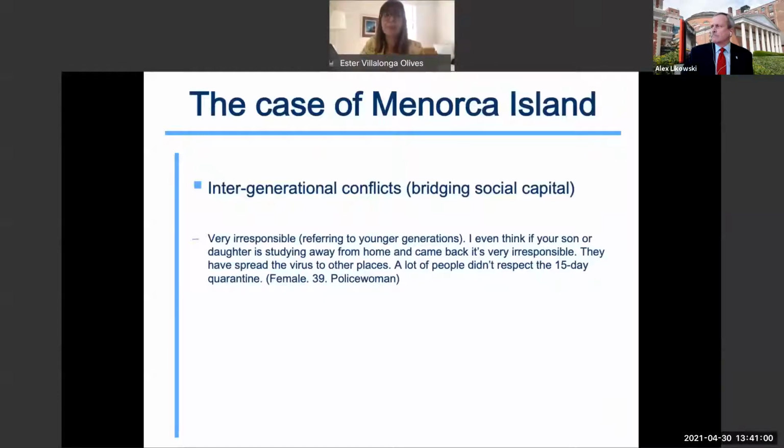And some people were mentioning that these younger adults were spreading the virus to other places, and that a lot of people didn't respect the 15-day quarantine that was mandatory.